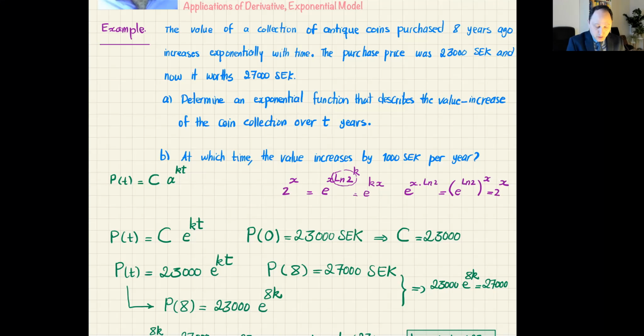When you see an exponential model, choose the base to be the Euler number, especially when you are dealing with derivatives and rate of change, because the derivative of an exponential function whose base is E is easier than working with an exponential function whose base is A, okay?